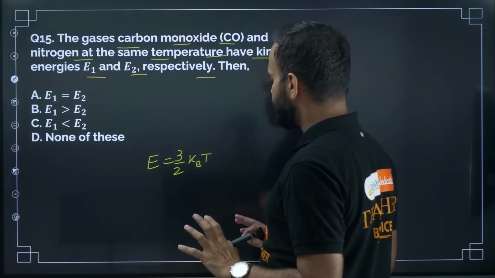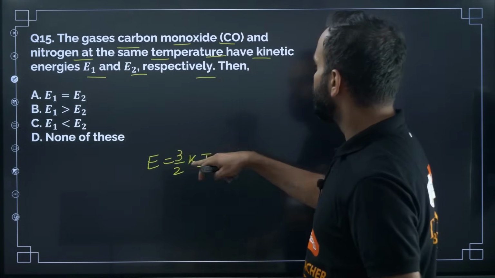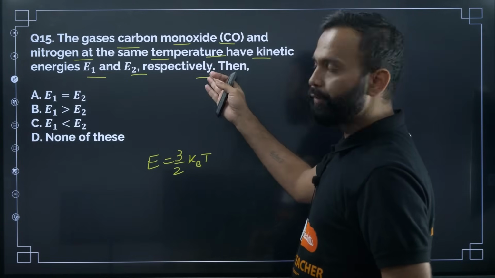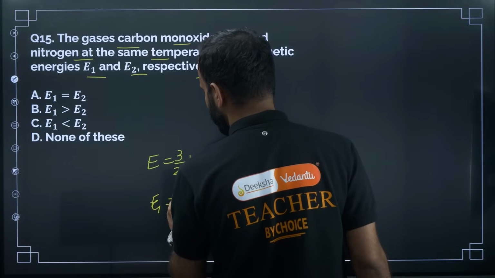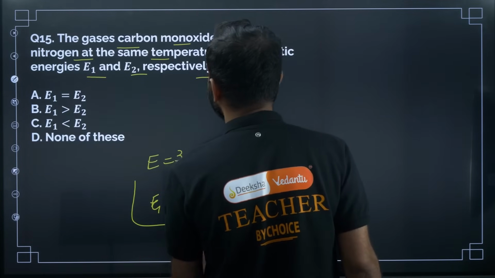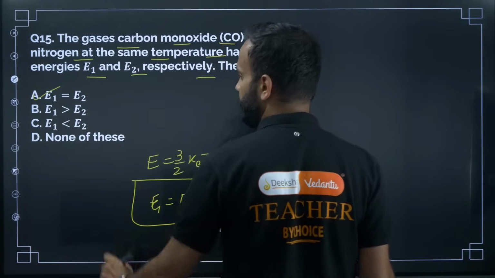So it does not depend on the mass or molar mass of the given gases. So energy of the carbon monoxide is equal to energy of the nitrogen. So the correct option is A.